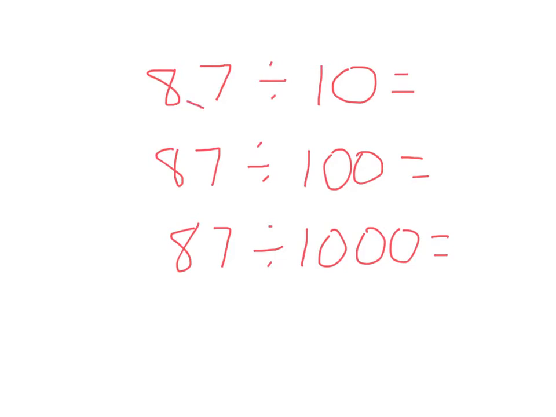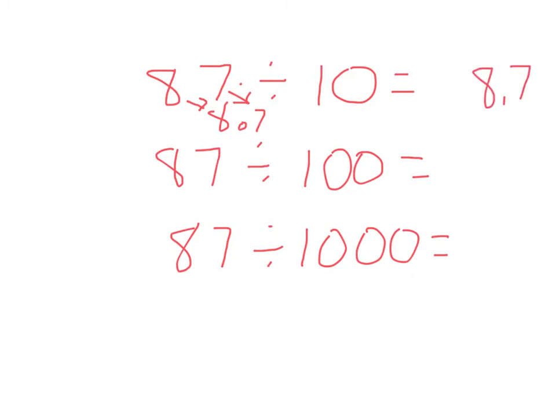It becomes worth one place value lower, it gets shifted. So those tens become worth ones. 8 tens becomes worth 8 ones. And then we have 7 ones, 1 divided by 10 is equal to 1/10. That's why that 7 gets shifted. And again, the decimal point would have been here, comes straight down. So 87 divided by 10 is 8.7.